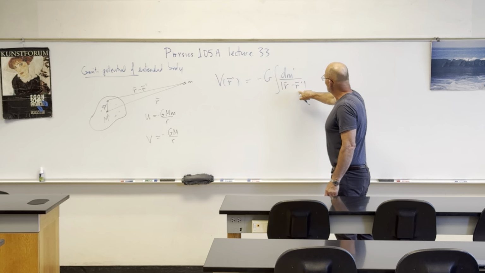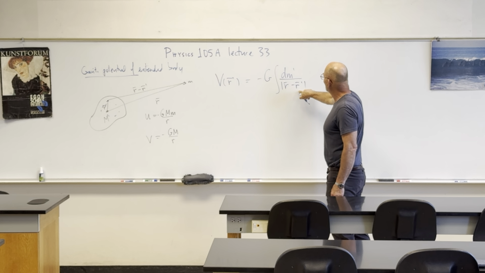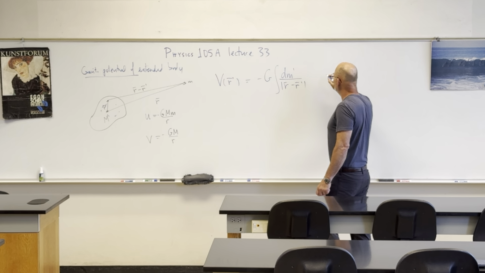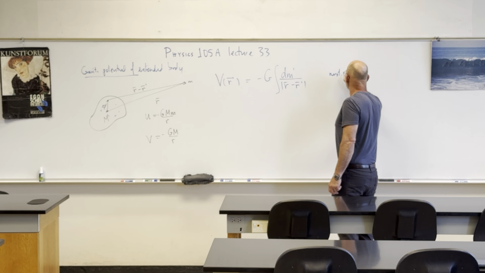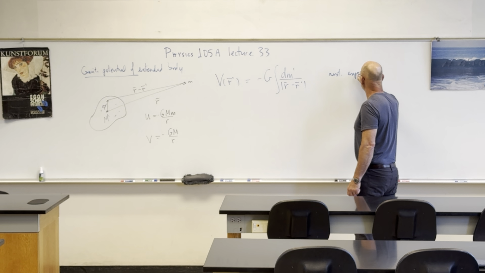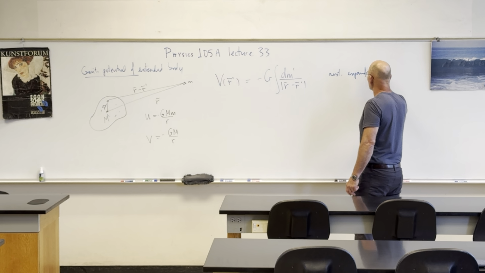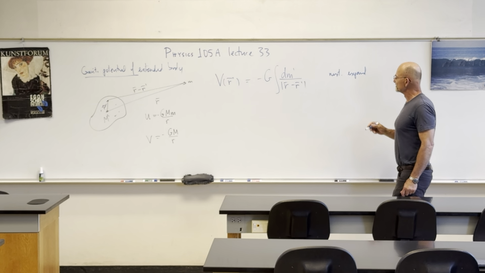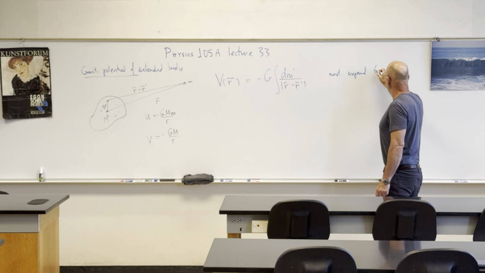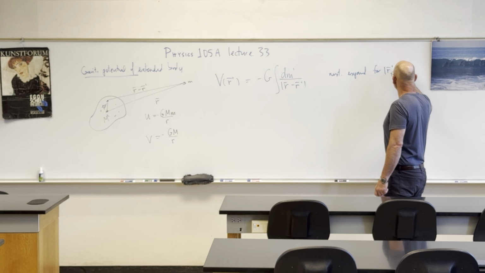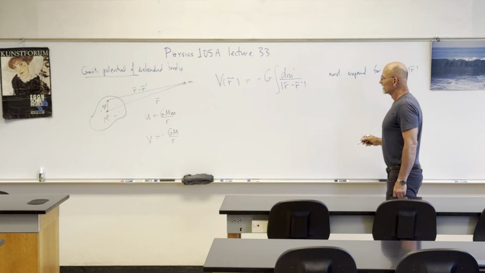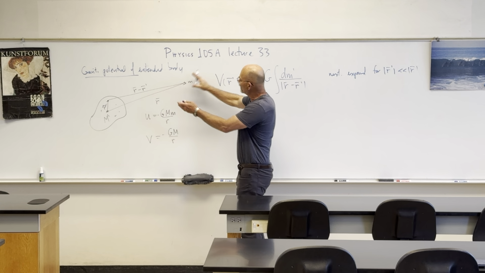So what we want to do is an expansion. So next, expand. And I'll explain what kind of expansion. For R prime much less than R. So we're supposed to be a sufficiently large distance away.